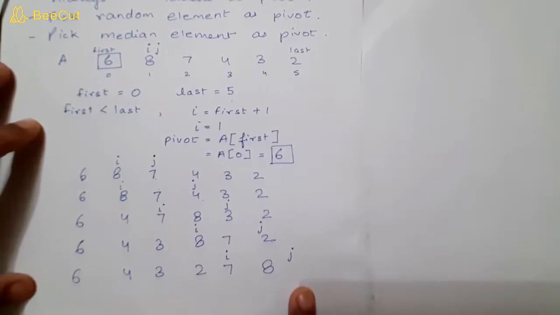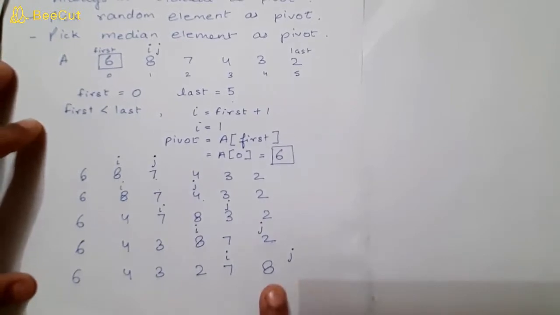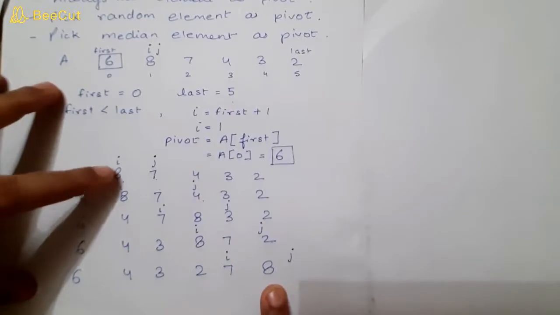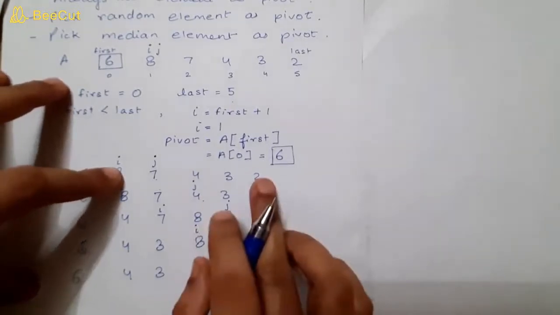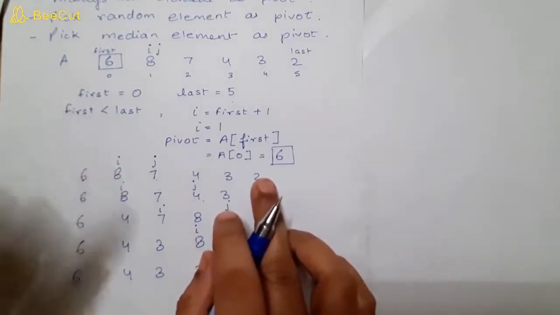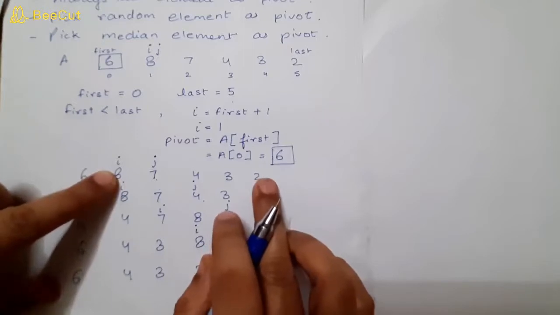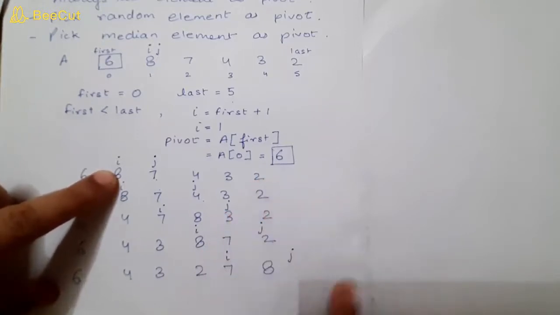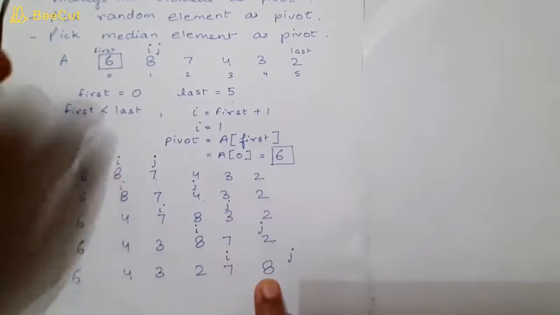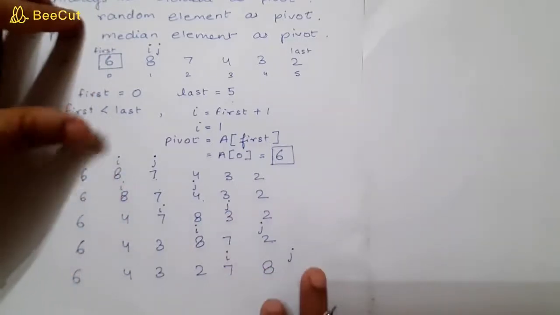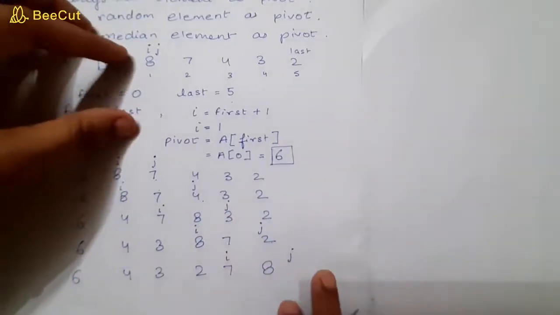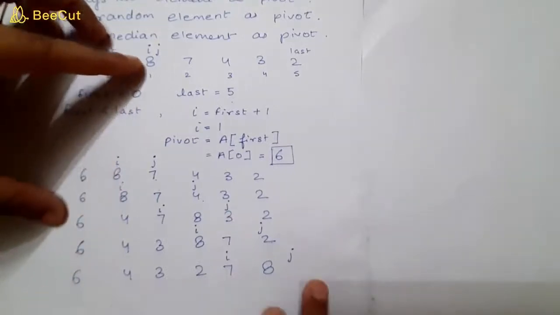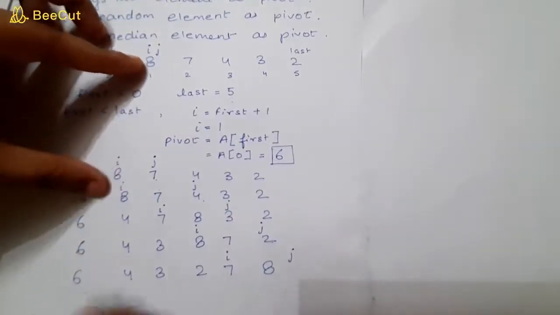Now in this case you can see that the j loop, I said that it should run from first plus 1 till last. Now j value is incremented past last also.